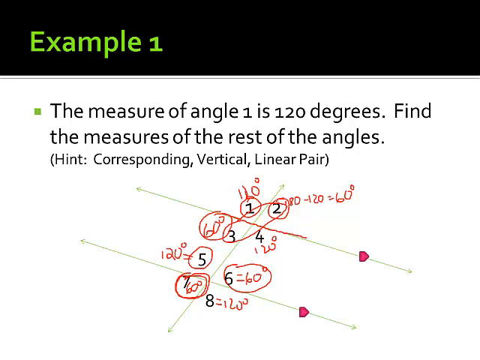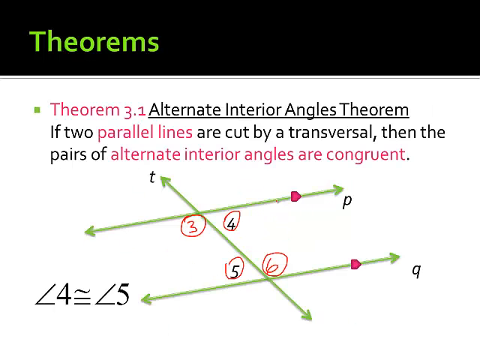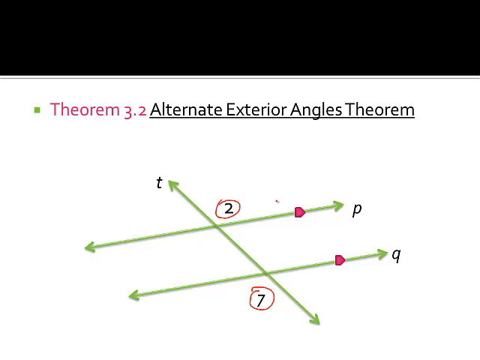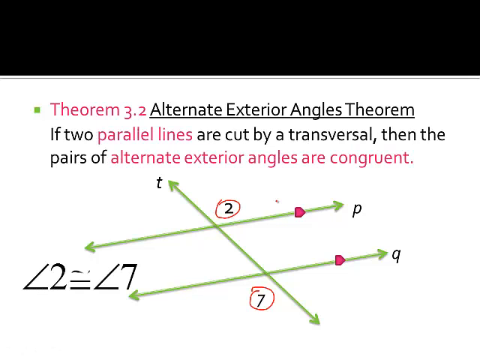Those are alternate exterior angles, and they both measure 60 degrees. So that's just one possibility. So yeah, alternate exterior angles, those are going to be congruent. The other pair of alternate exterior angles you could have, let's say we have 4 and 6. That's another pair of alternate exterior angles.